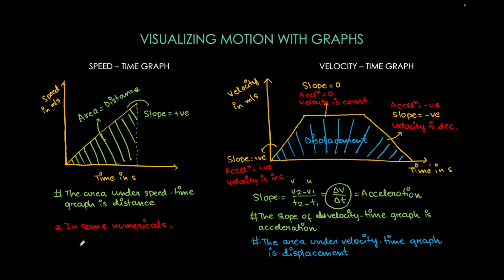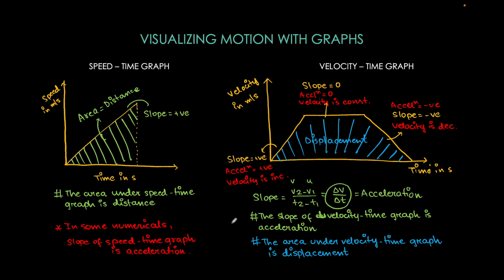Let me just write this: in some numericals, slope of speed time graph is acceleration, but it is not completely true, because see, acceleration is the slope of velocity time graph, because acceleration is a vector quantity and so is velocity. But when you see the graph of speed and time, okay, there is no vector quantity at all, it is only scalar. So how can acceleration be the slope of the speed time graph?